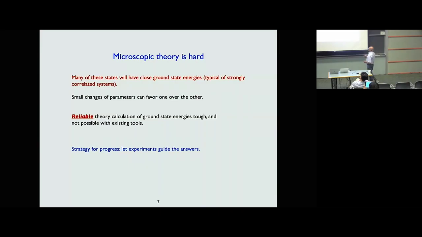Microscopic theory is extremely hard if you don't want to do Hartree-Fock or don't want to do something else that we don't know how much we can trust. Many of these states will have ground state energies that are very close to each other, very typical of strong correlation problems. They have many competing states with very small energy differences.